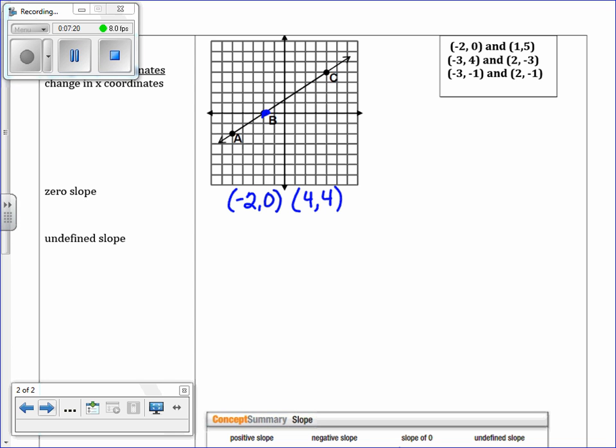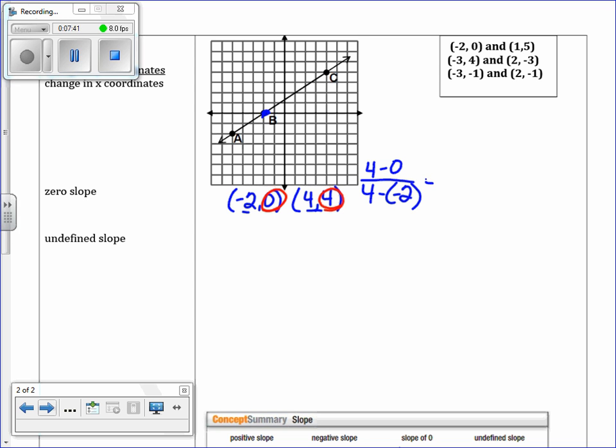Okay, so what I want to do is figure out the change in y, so I'm going to say 4 minus 0. Remember, I had to take my y values first, over the change in x, which is 4 minus negative 2.